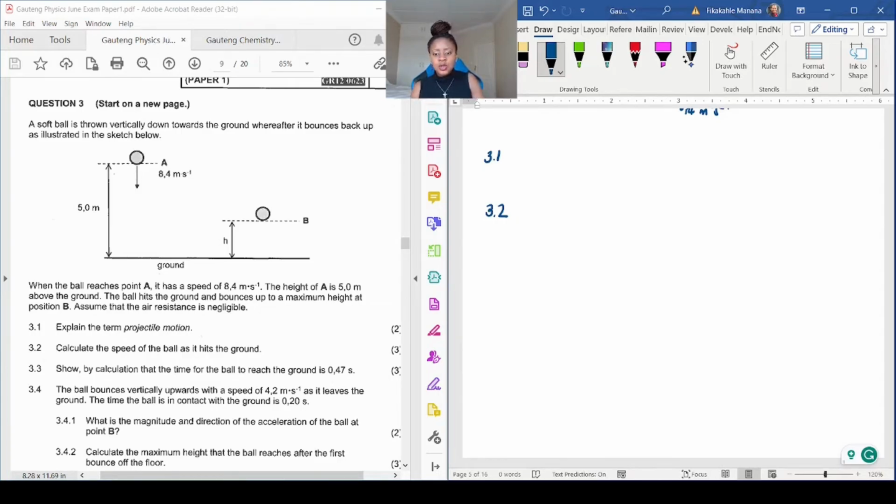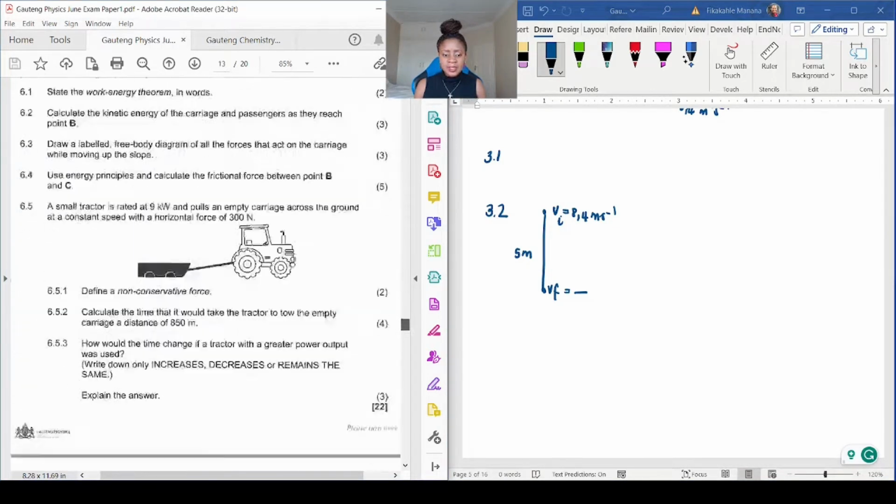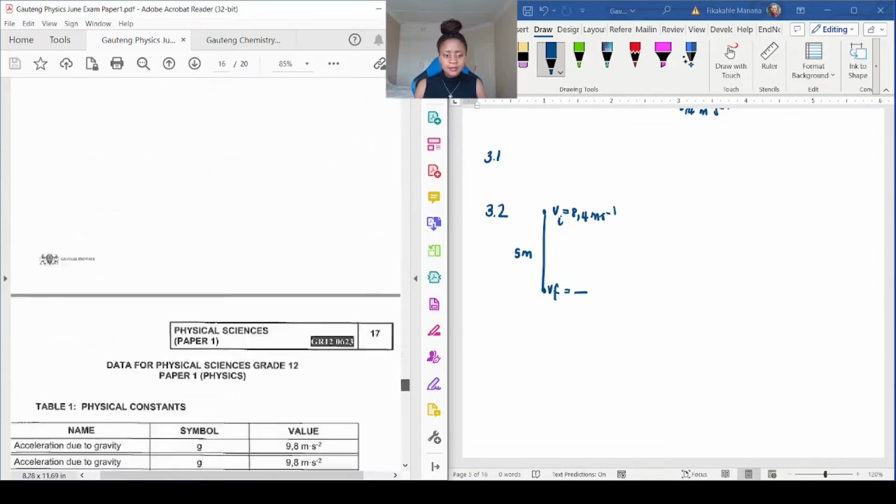From A to the ground, we have 5 meters. We know that the velocity here is 8.4 meters per second. So I'm going to take that as my initial velocity, and then my final velocity is what I'm trying to calculate. I'm going to go to my equations of motion so that I can see which formula to use.